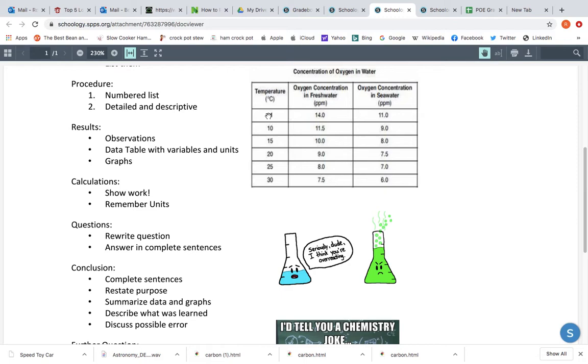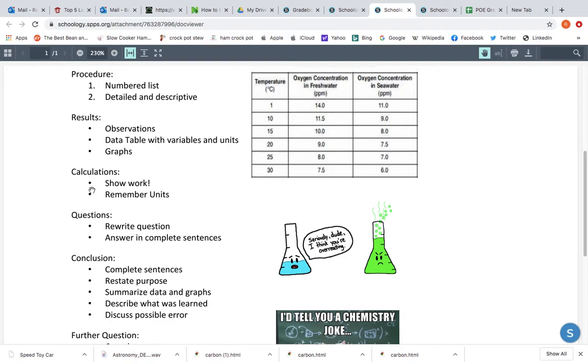At temperature in degrees Celsius, oxygen concentration in ppm, parts per million, oxygen concentration in fresh water and seawater. So the different numbers there, those are your results. Calculations would be if you have to do some math, you want to show your work and include your units for whatever math you might be doing.